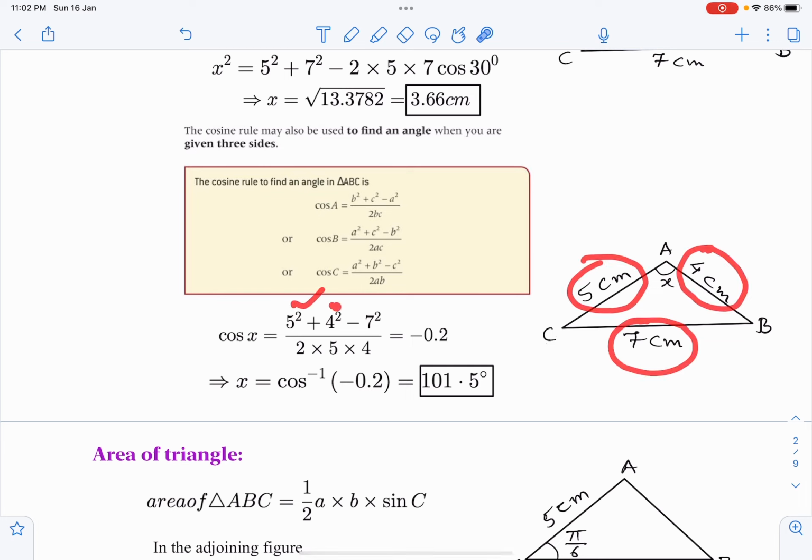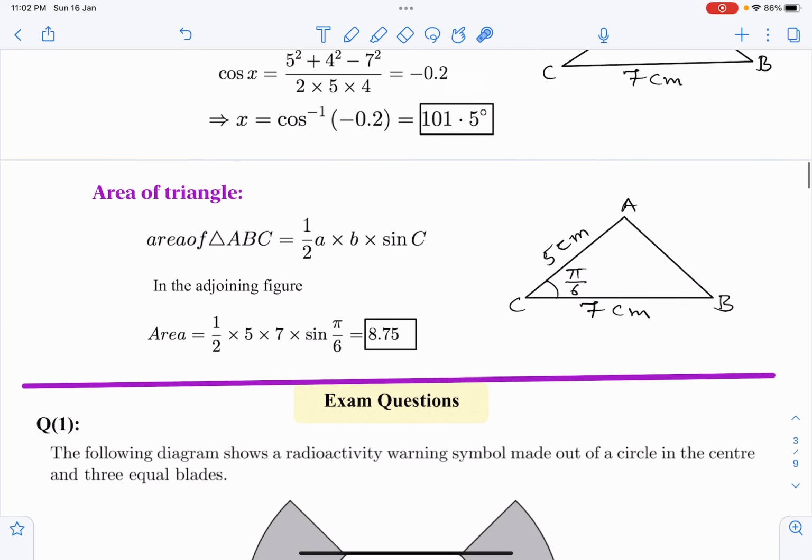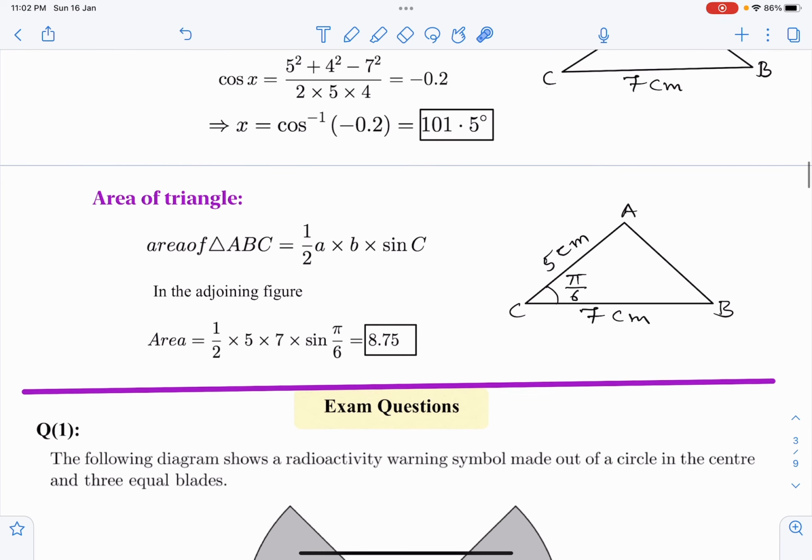So 5 square plus 4 square minus 7 square divided by 2 times 5 into 4, whose answer is negative 0.2. So therefore x is equal to cos inverse negative 0.2, which is approximately 101.5 degrees. But of course, in the next section, you will need it in radians. So anyway, now look at area of triangle.